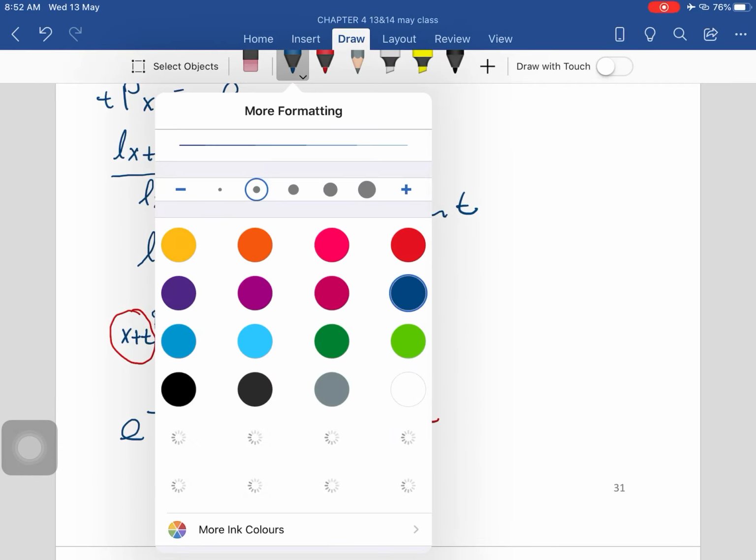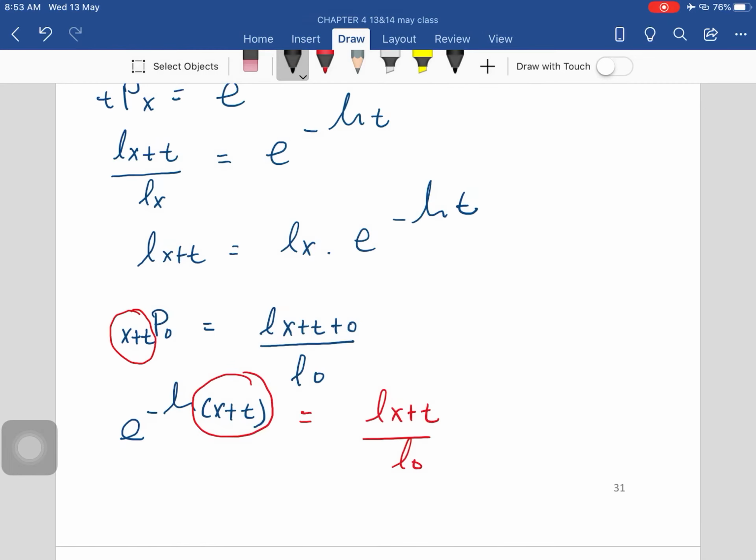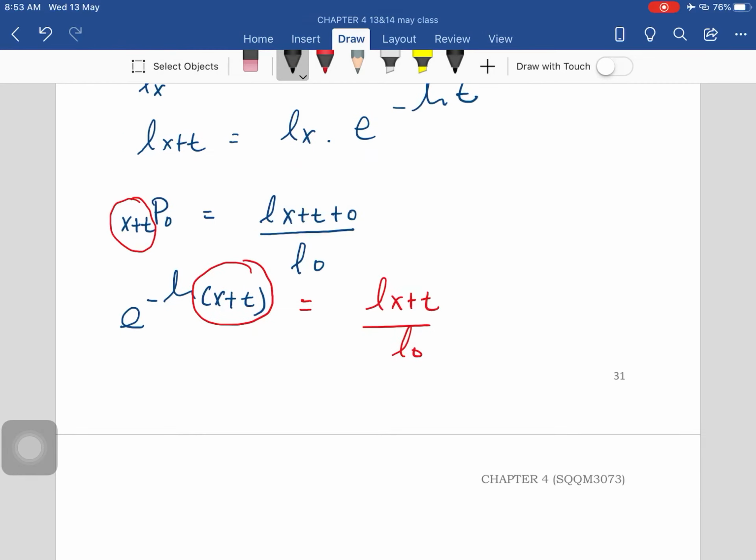So then E negative 0.01 times x plus t is equal to Lx plus t over 10,000.